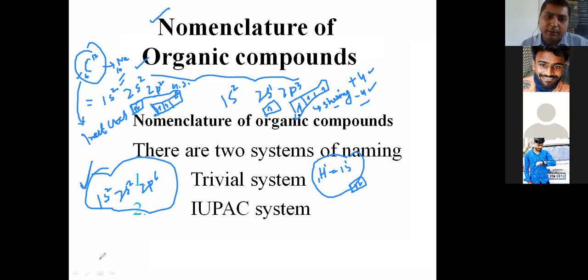So 1 carbon and 4 hydrogen together form covalent bonds. Carbon with each hydrogen forms 1 covalent bond, so 4 covalent bonds will be formed. The molecule that is formed is called methane.